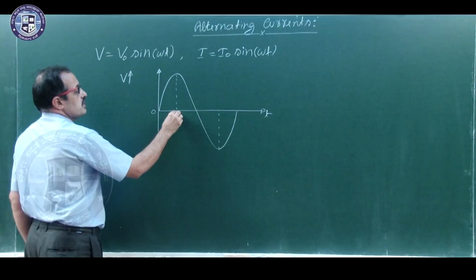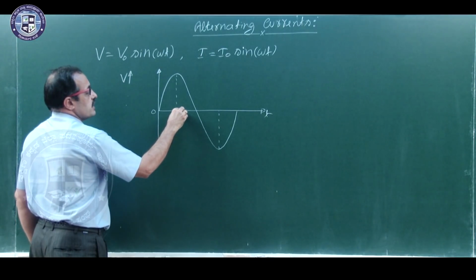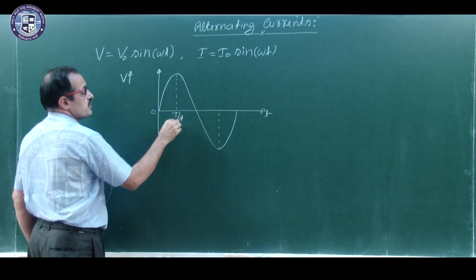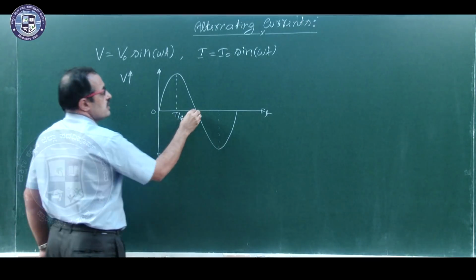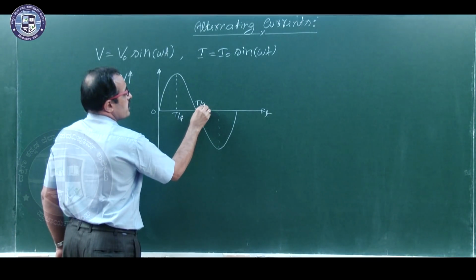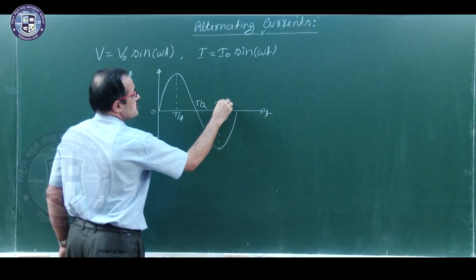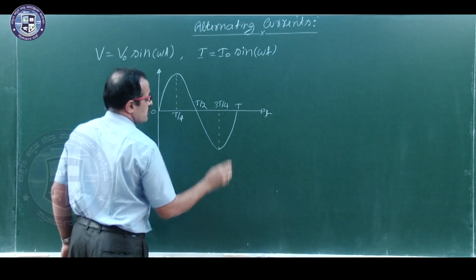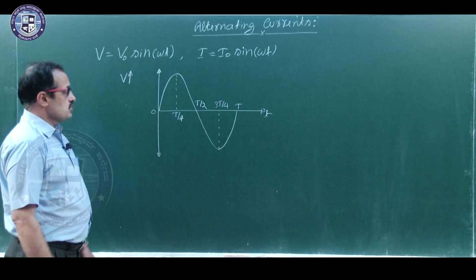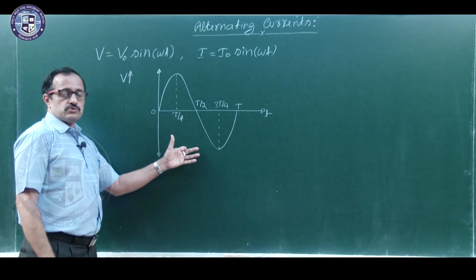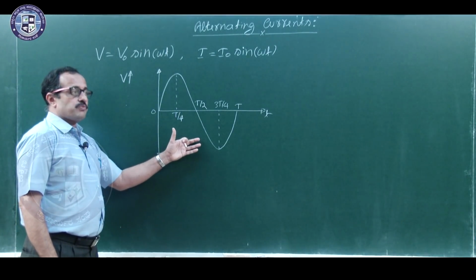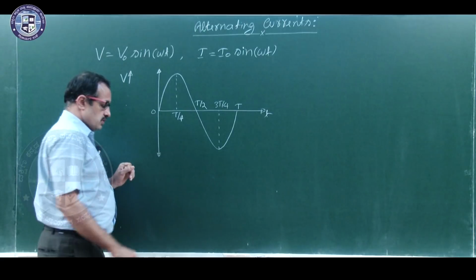Here time is taken as T by 4, where T is the time period, T by 2, 3T by 4, and this is T, the time period. So, you know, even in first PU, we have this type of graph for SHM.